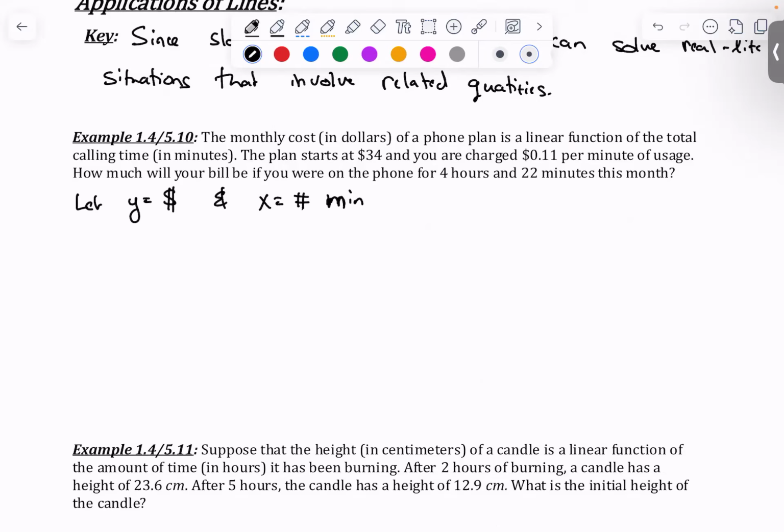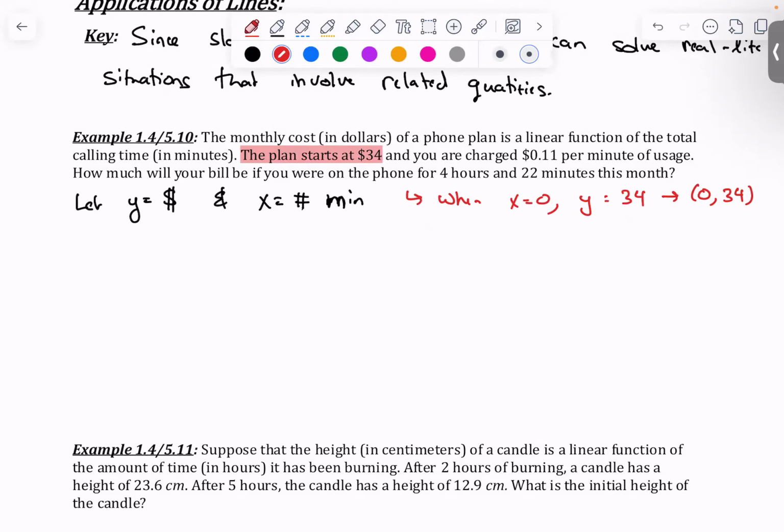So let's look through this and say it says that the plan starts at $34. So this means that when x is 0, y is equal to 34. So we have a point (0, 34).